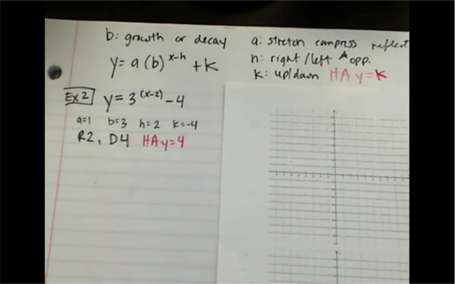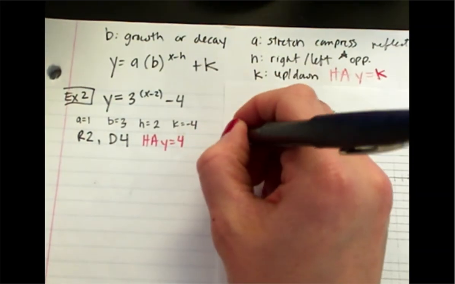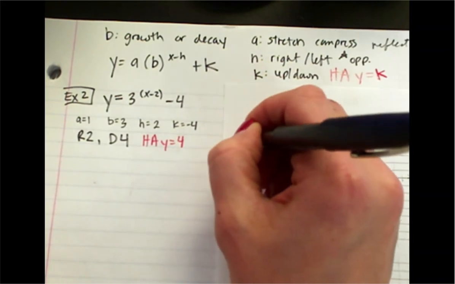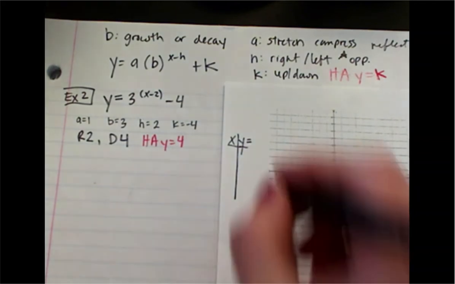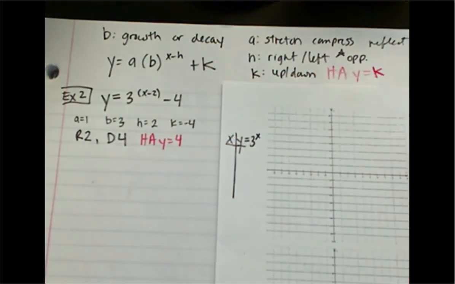And then I'm going to list my parent points. Well, what's my parent? Take away the transformations, the right 2 and the down 4. What's left? What's left if you take away the H and the K here? Well, the A is 1. B to the X. The parent is actually 3 to the X. If you want the parent points, you've got to strip away the transformations, leave the base.